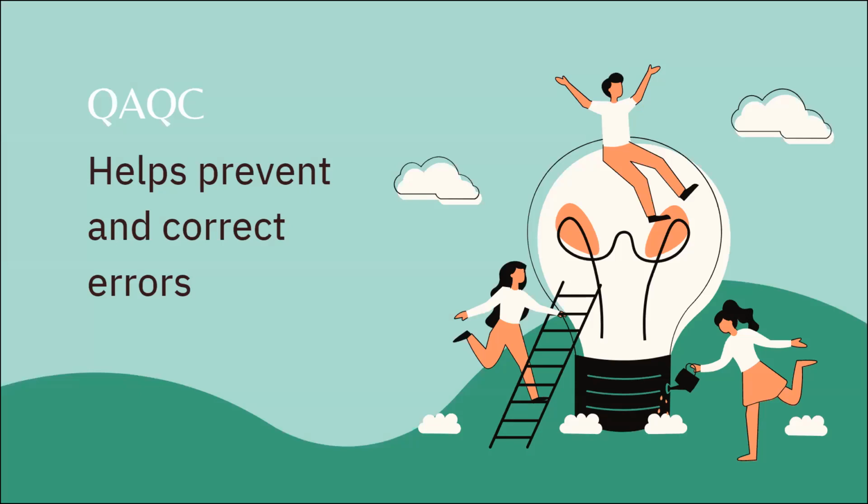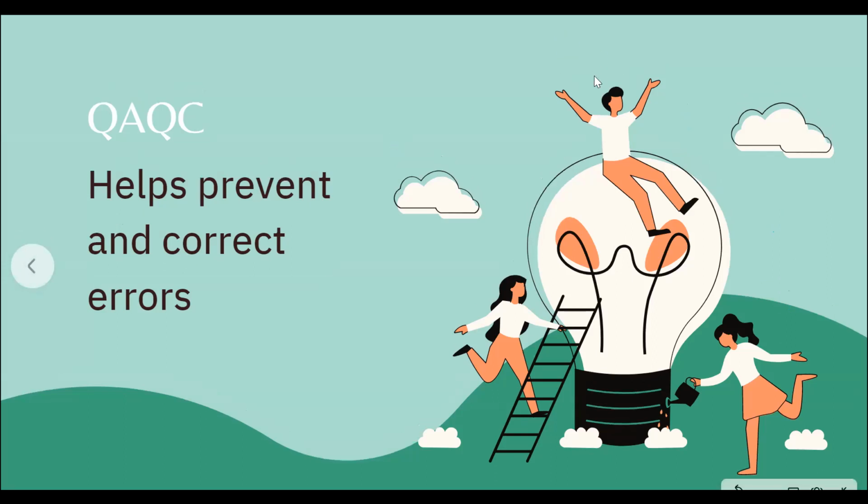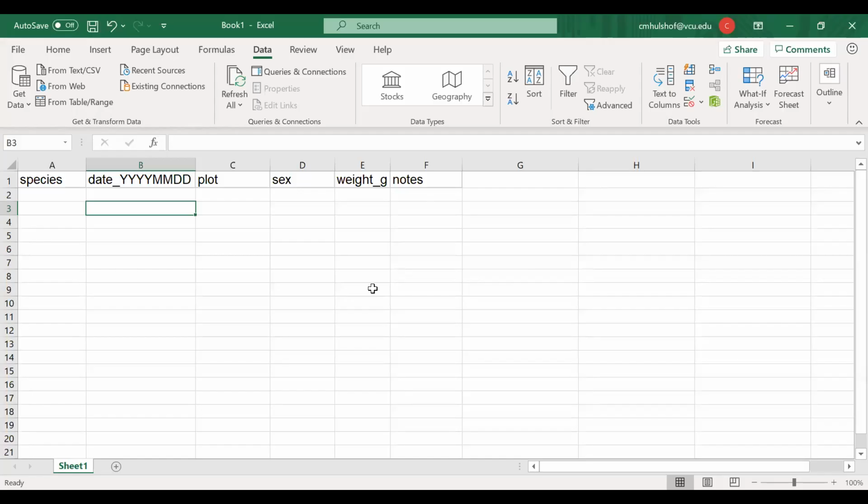So let's look at an example of QA/QC in a spreadsheet using the portal small mammal data that we previously used. So let's imagine it's a new field season and I'm a new PhD student and I need to get my data table ready for the upcoming season.